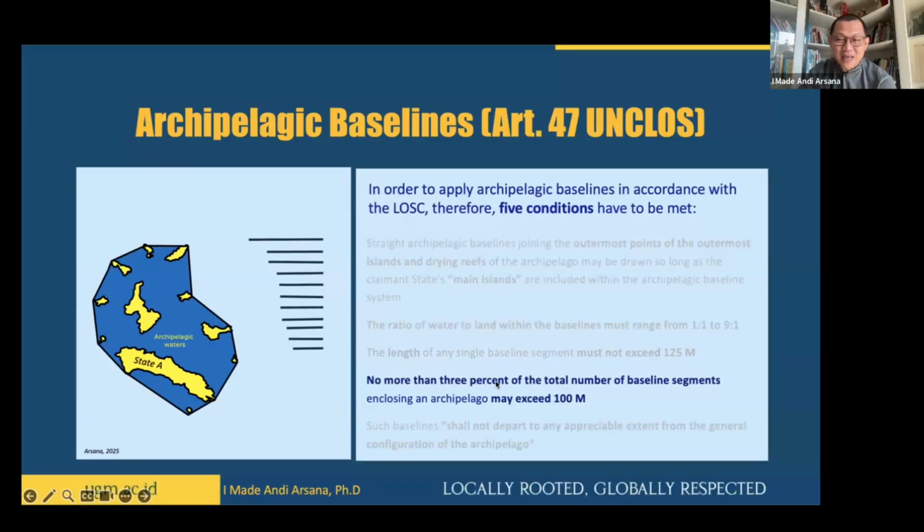No more than 3% of the total number of baseline segments enclosing the archipelago may exceed 100 nautical miles. If these are the line segments, you can have a maximum of 125. You remember that, right? It means it can be more than 100, because the maximum is 125. Yes, but if you have segment lines more than 100, you can have them, but only 3% of the segments can be more than 100.